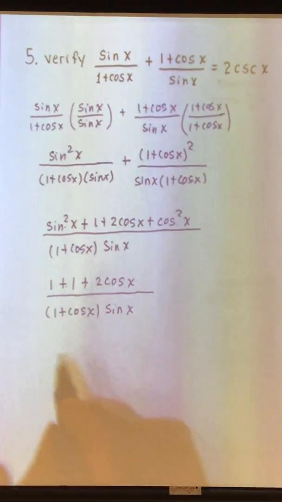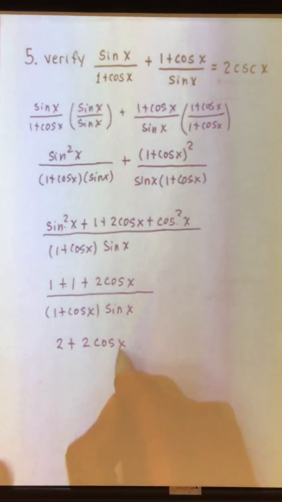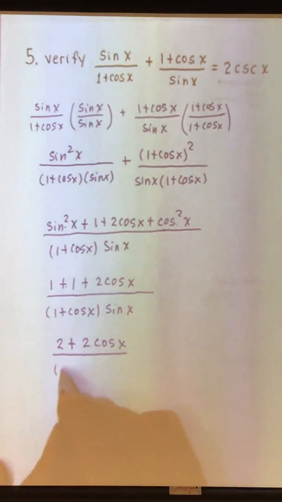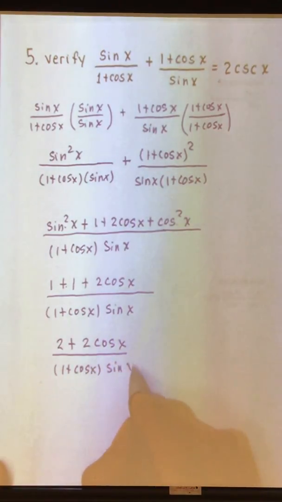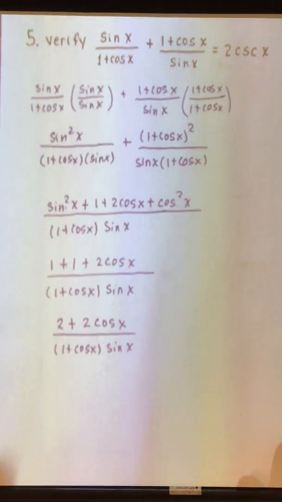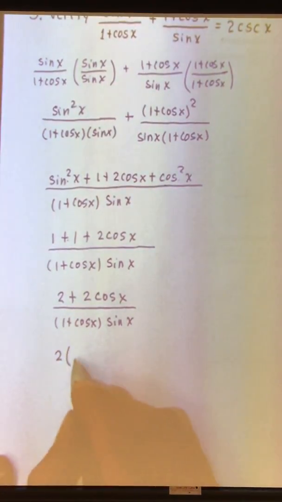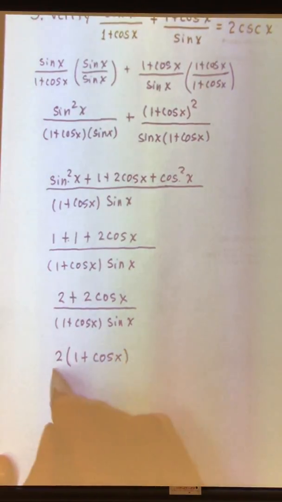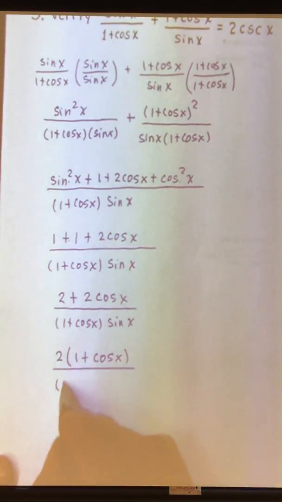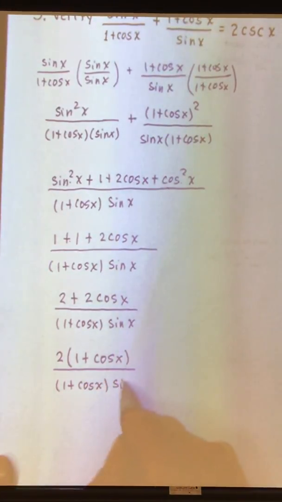Now 1 and 1 is 2, so I'll use a little ink to make a simple maneuver to get us the next line. Now we can factor out a common factor of 2 in the numerator, and now we have 1 plus cosine of x. And in the bottom, perhaps now you see why I did not multiply out the denominator.